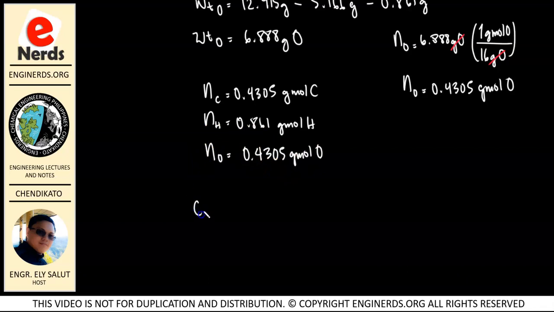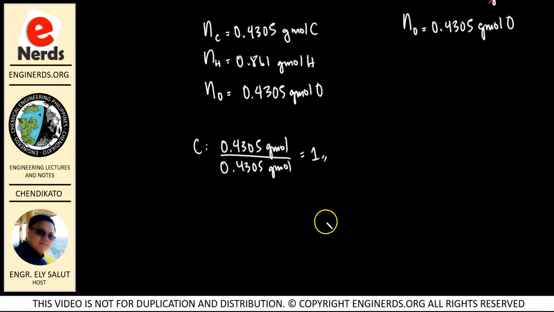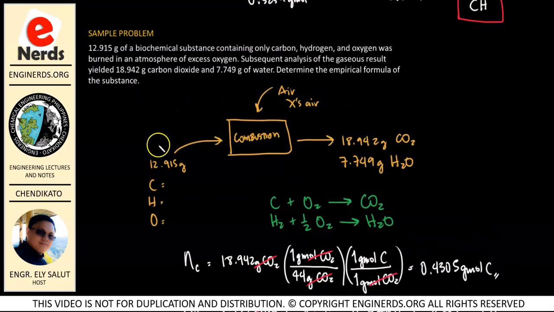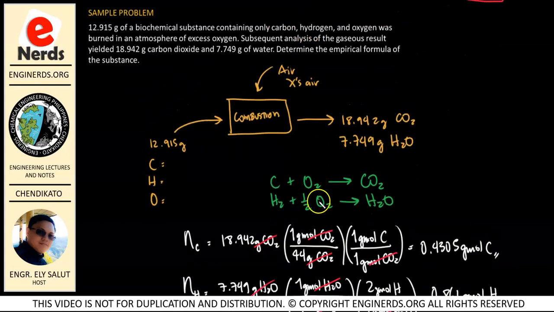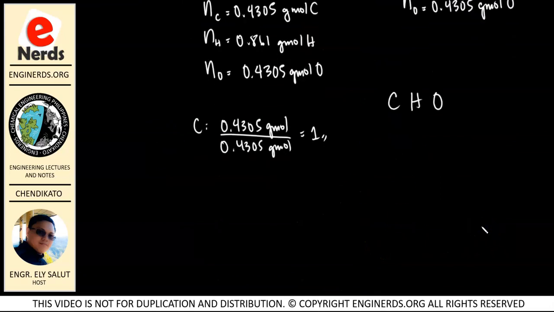Okay, so for carbon, we have 0.4305 gram mole divided by yung lowest natin, which is 0.4305 gram mole, and this is equal to 1. Okay, so therefore, our components is C, H, and O, no? Dahil ang component ng ating feed na fuel is only carbon, hydrogen, and oxygen. So, kailangan lang natin makuha yung smallest ratio nila, which is the empirical formula. So, for carbon, we already have 1.